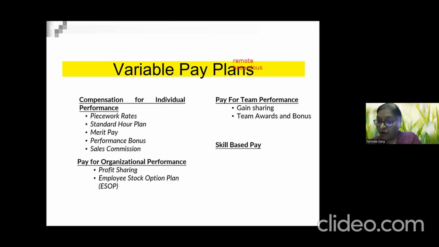So they will give them a cutoff based on 3 or 4 years of data. They'll say, this is the threshold. If you increase it more than this, you will get certain gain sharing.